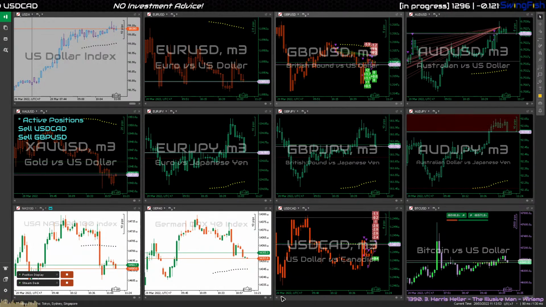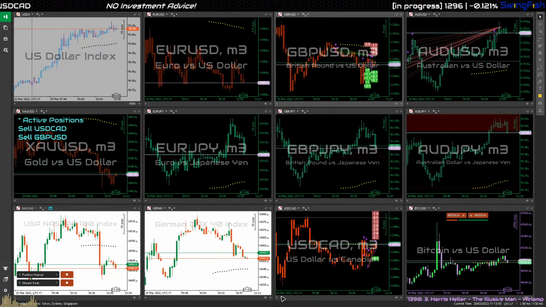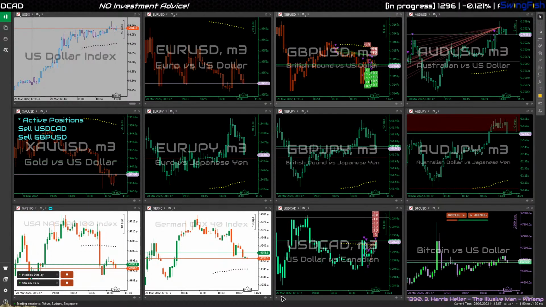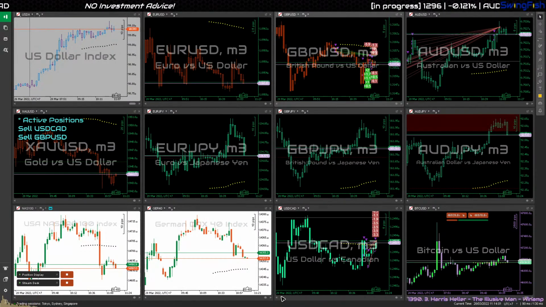Oh wow, Euro Aussie dollar made a lower low overall now. So that didn't last very long, the retest.